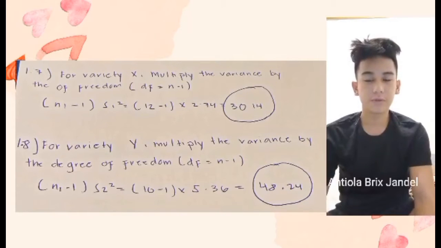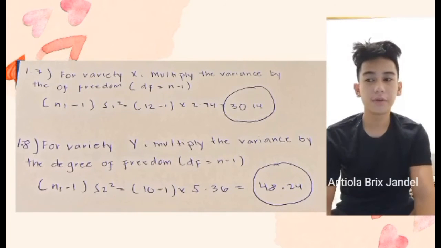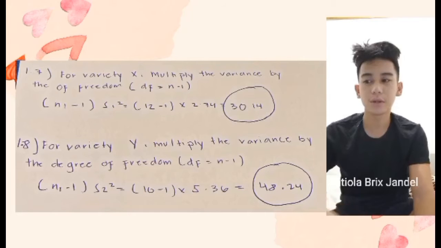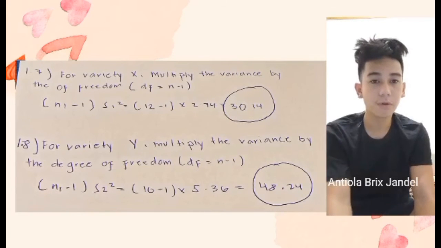Exercise 4, question 1.7. For variety x, multiply the variance by the degrees of freedom using this formula: n1 minus 1 times s sub 1 squared equals 12 minus 1 times 2.74 equals 30.14.